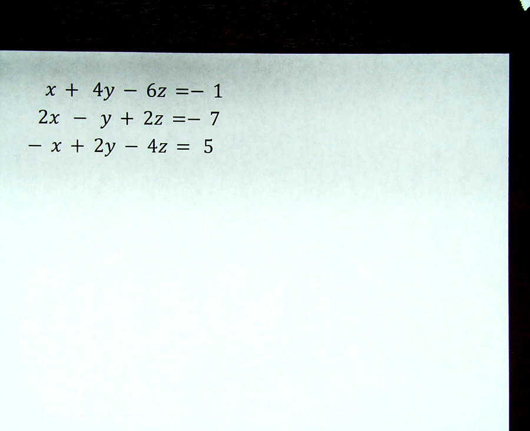Negative x plus 2y minus 4z equals 5. Got it? So before we start, I would like to discuss our options.